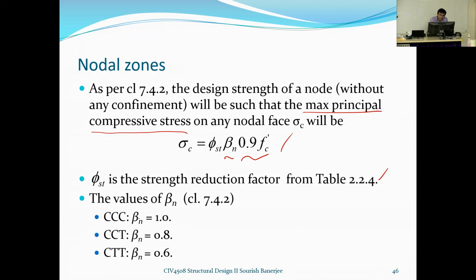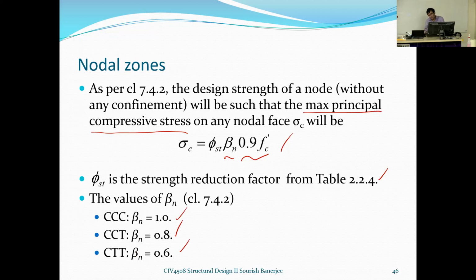And we are now saying the value of beta n, you see, for CCC, that means if all compressive members are connected to the node, then there is no reduction in capacity of the node. That is beta n is 1.0. But if you have CCT, that means there is one tie connected to the node, you get beta n equals 0.8. On the other hand, if you have two tension members, that means two ties are connected, then you get beta n equals 0.6.